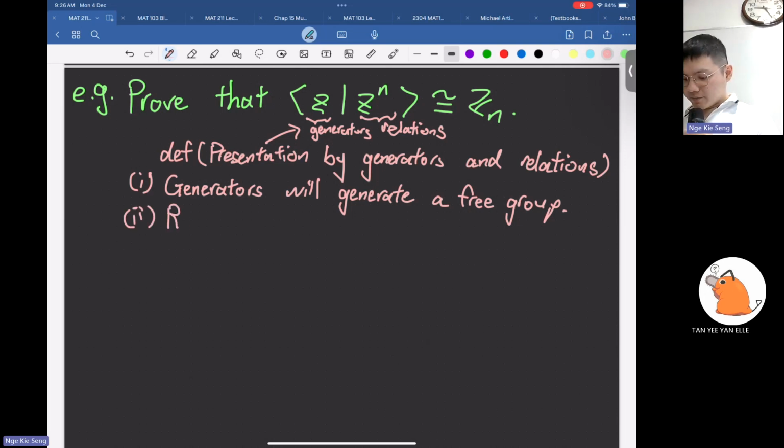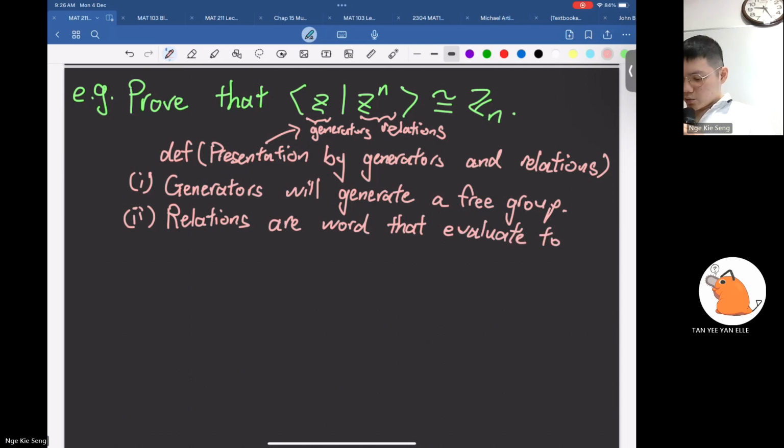What are the relations? Relations are words that evaluate to the identity in the presentation.